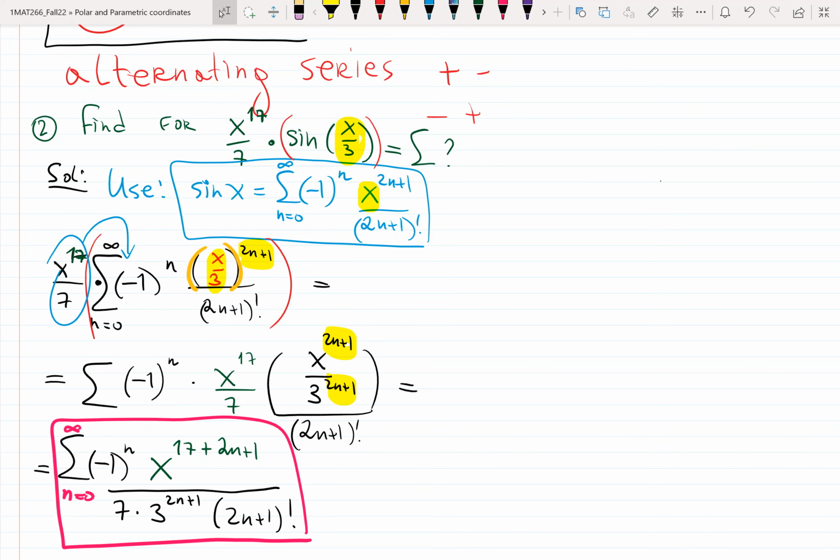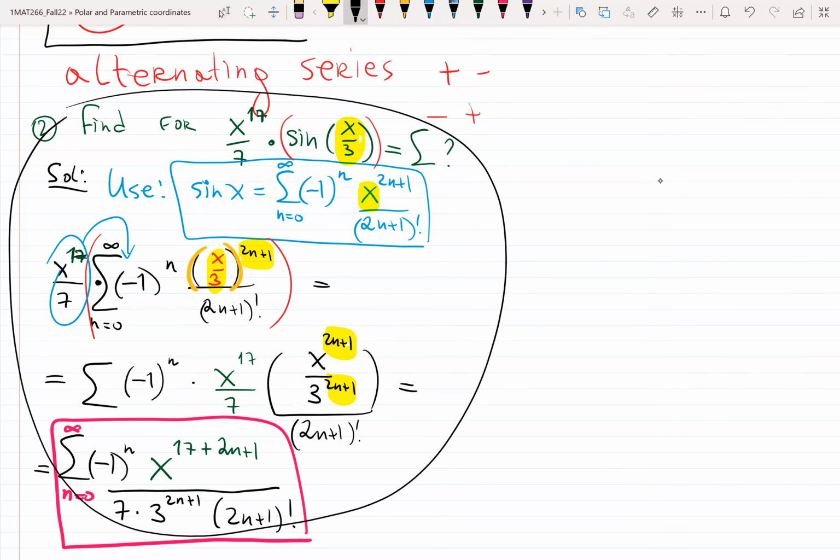So what else can be done? Just this, whatever I just did. This is a very good question for the test. On a test it would be either sine, cosine, e to the x, or log, and I give you the formula. Okay, got it.